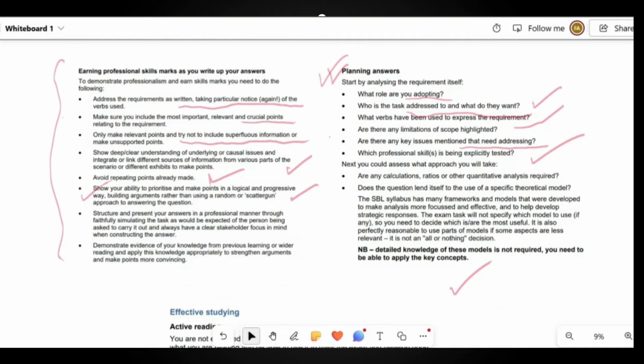Structure and present your answer in a professional manner, faithfully simulating the task as would be expected of the person being asked. If you are asked to prepare a financial statement or prepare a report, you should follow the report format, which you studied in F7 and SBR also. This is an important part.